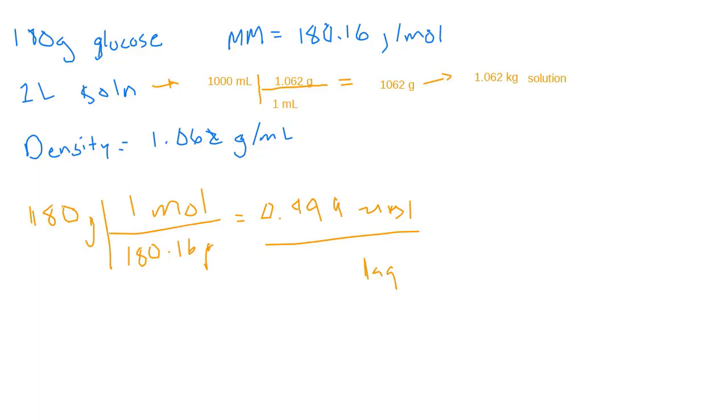It translates to, let me put it right here, 0.180 kilograms of solute. And if we subtract that, I believe Justin's already figured it out for us. You should get this many kilograms of solvent.